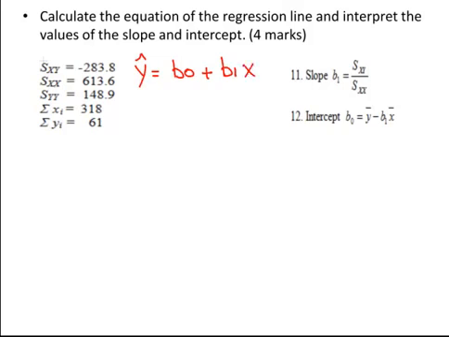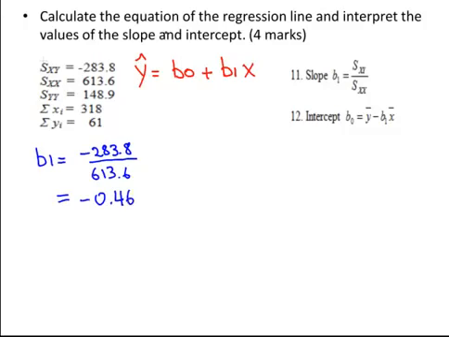These are coefficients that we have to determine. b1 we'll do first. b1 equals Sxy, so that is minus 283.8, divided by Sxx, 613.6. We leave that as minus 0.46.